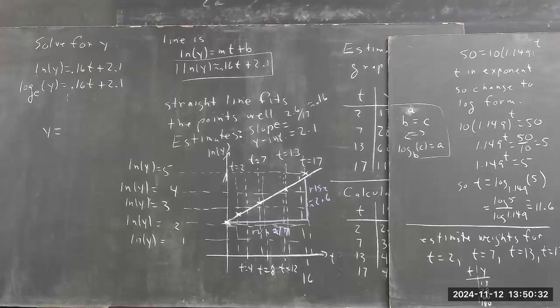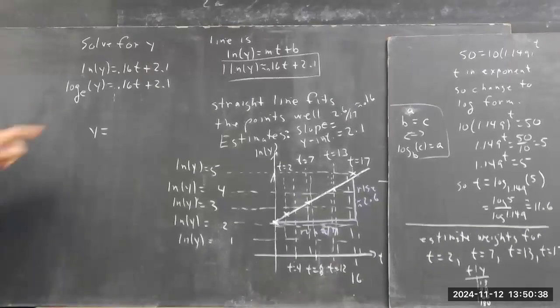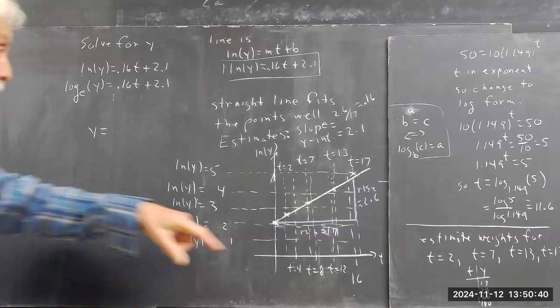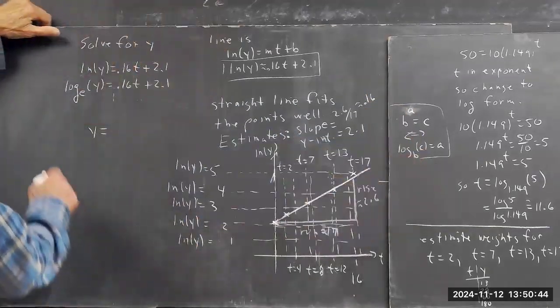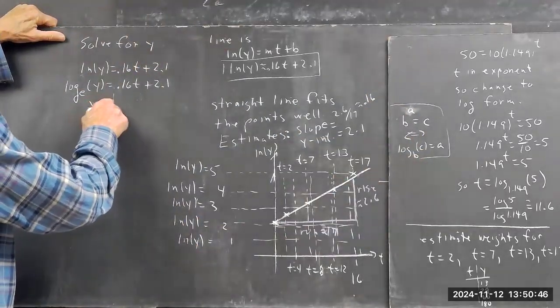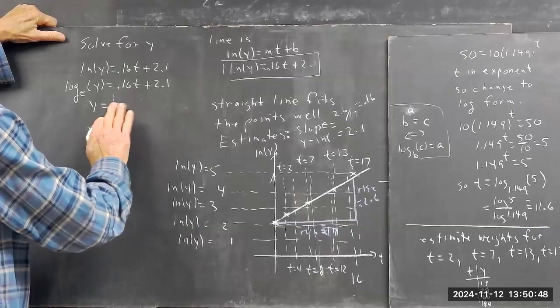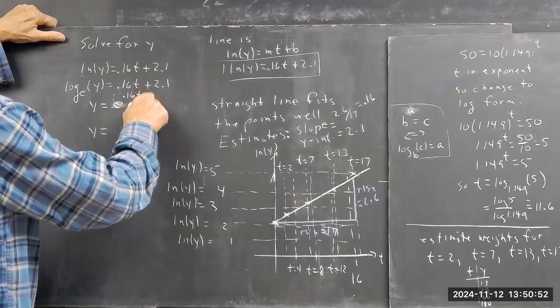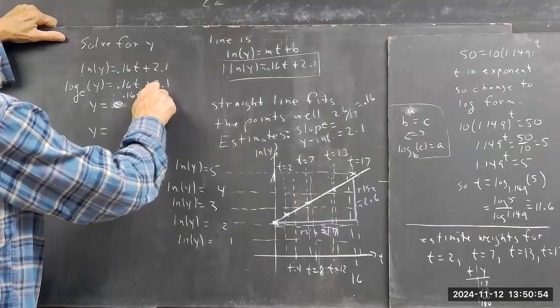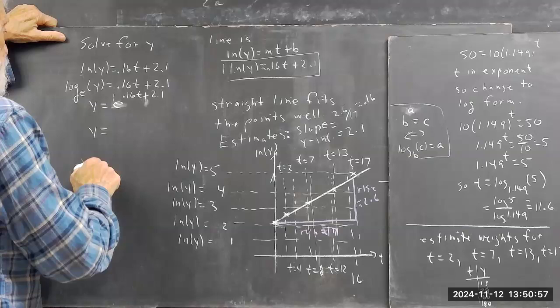Okay, now we're short on time, so I'm going to finish the solution for you. Very simple. We just use b to the a equals c means log base b of c equals a, and we get y equals e raised to the 0.16t plus 2.1.